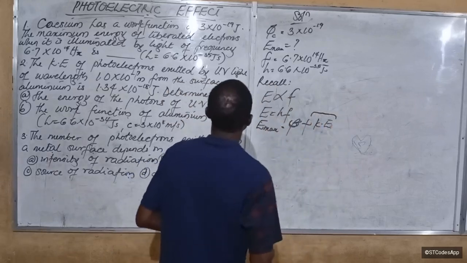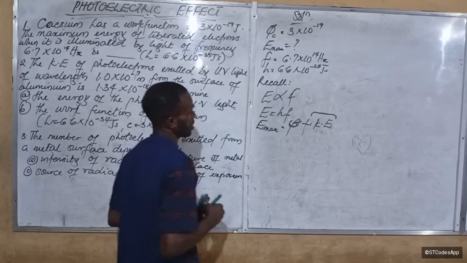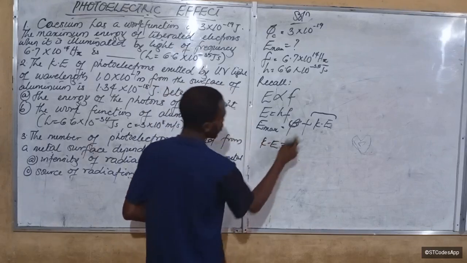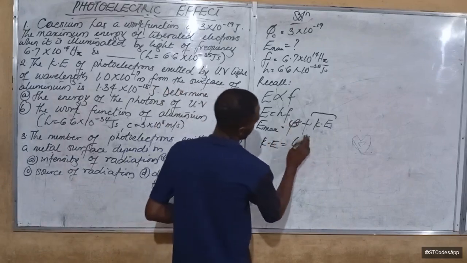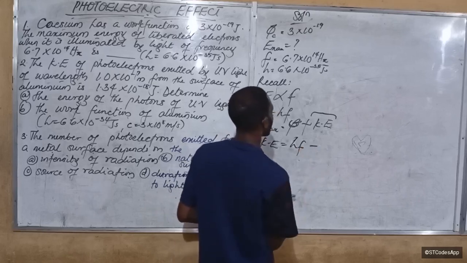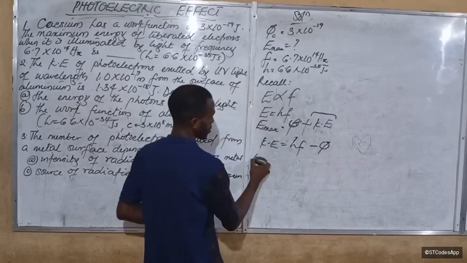So I'm guessing it's the kinetic energy that we're supposed to calculate. So KE will be equal to Emax. Now Emax here is hf. So hf minus the work function.